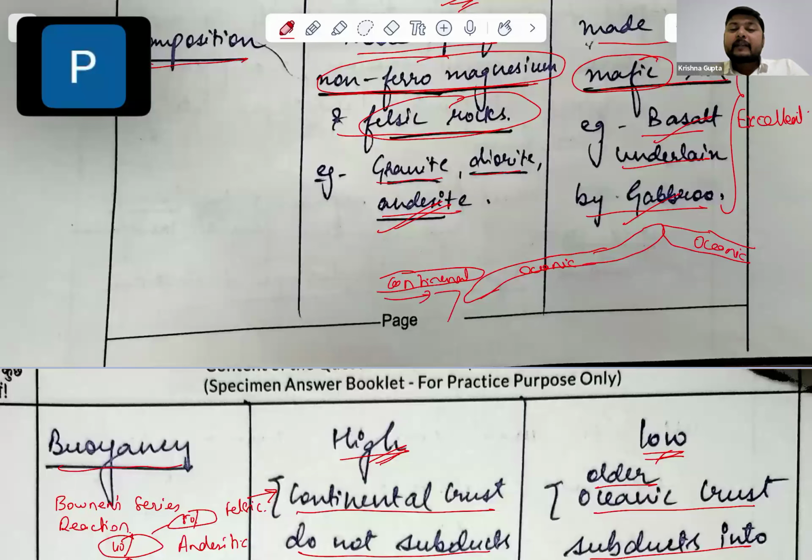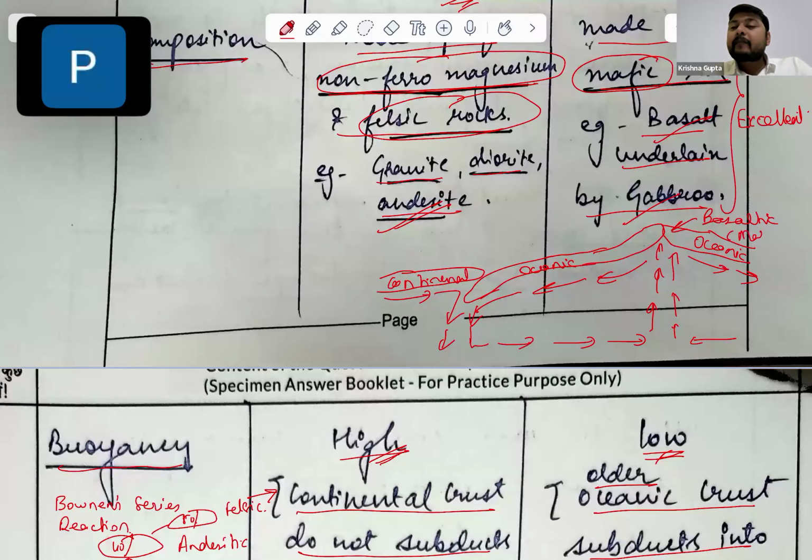Here we can provide the various motions of the convection currents. Here we can say that this is more basaltic, or we can say this is more mafic, and this is more felsic. We will see that the continental crust has been ancient in its origin. They have formed around 3.8 billion years ago.